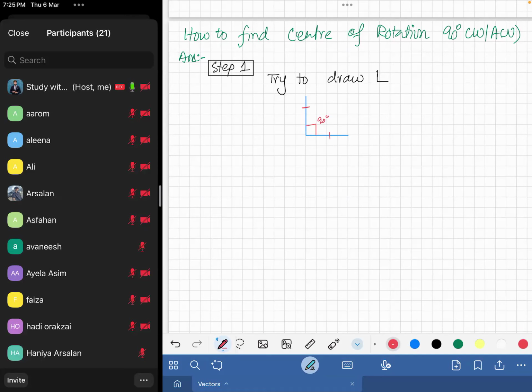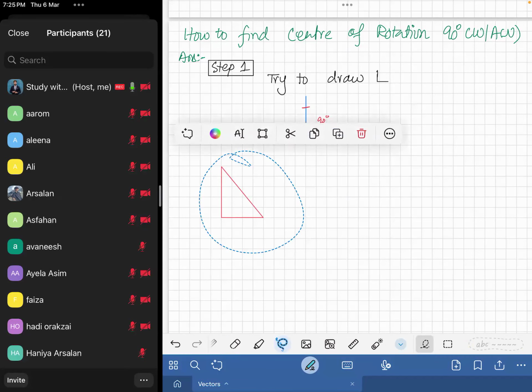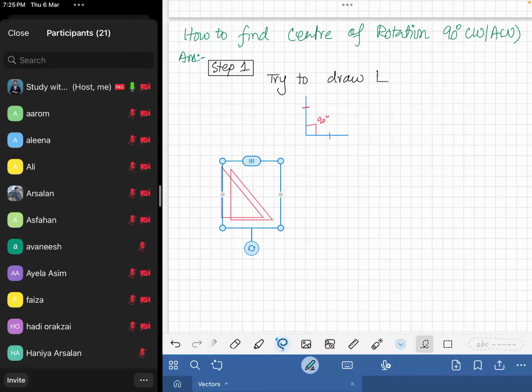How to do it? Just please pay attention, everybody. You can see that this is 4 boxes, 5 boxes, and this is 4 boxes. And let me just draw a triangle here. After 90 degrees rotation, Vadan, we know this already that this shape will look like this.